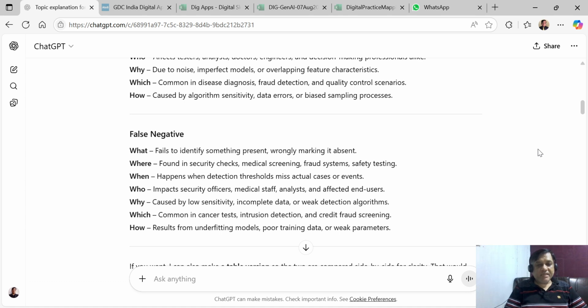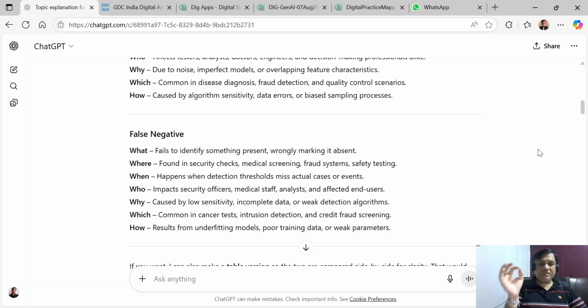Who is impacted: security officers, medical staff, analysts, and affected end users. Why it is caused: low sensitivity, incomplete data, less learning, and weak detection algorithms. It is common in cancer tests, intrusion detection, and credit fraud screening.